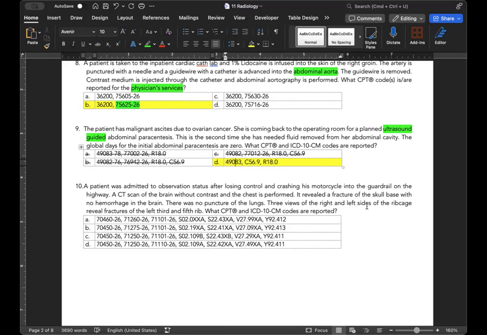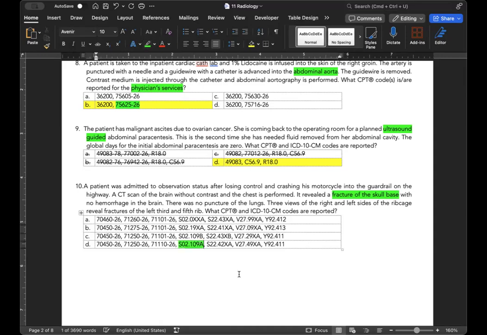So we have our skull base, the fracture of the skull base. And then A is for an initial encounter for a closed fracture. And then B is initial encounter for an open fracture. So we are not using B because they did not specify that it was open, right?